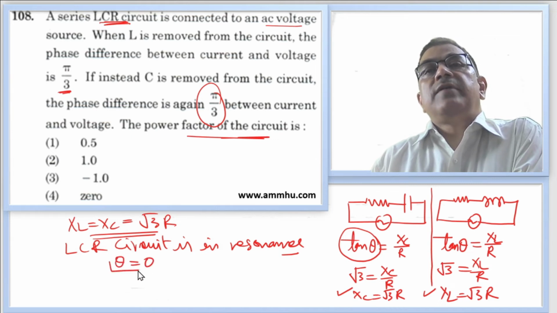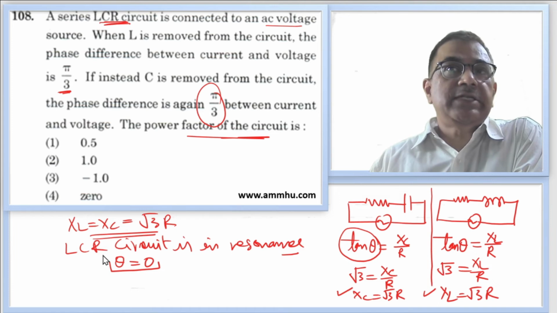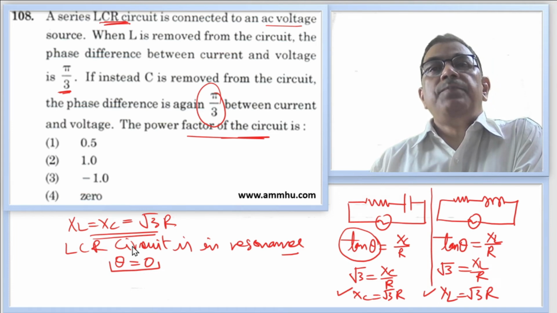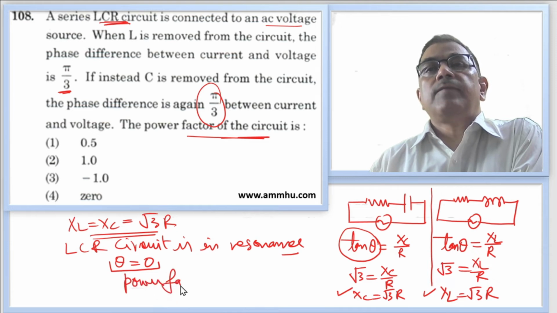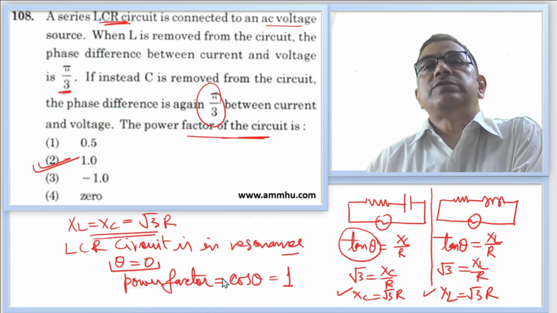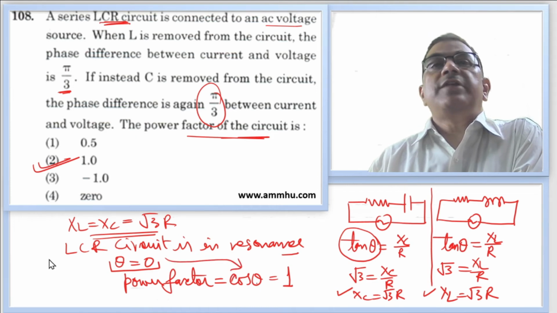The phase should be 0. Is that right? So current and voltage should be in the same phase. So the power factor is equal to cos theta, and it should be equal to 1. Is that right? So this is the answer. Theta is equal to 0. Substitute this value to get 1.